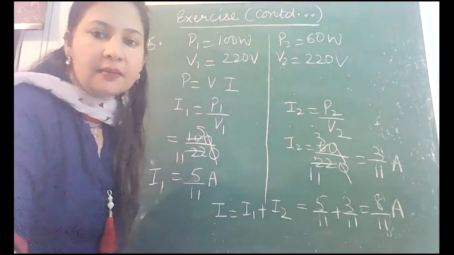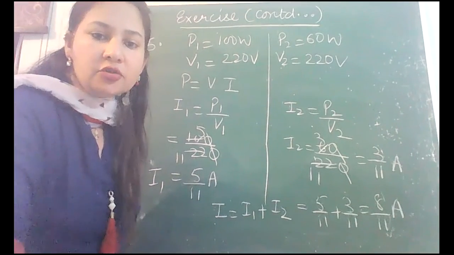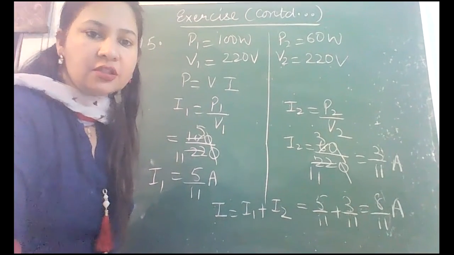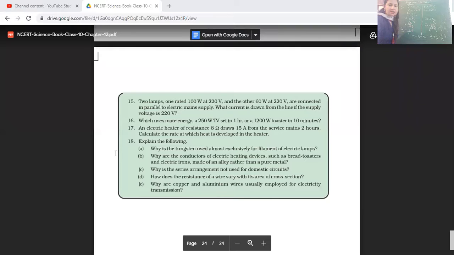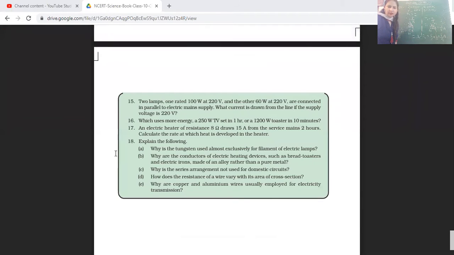All right. Now I'm going to share the next question, students. Question number 16. Which uses more energy? A 250 watt TV set in 1 hour or a 1200 watt toaster in 10 minutes? Let me note down the data first. So we have a TV set and a toaster.